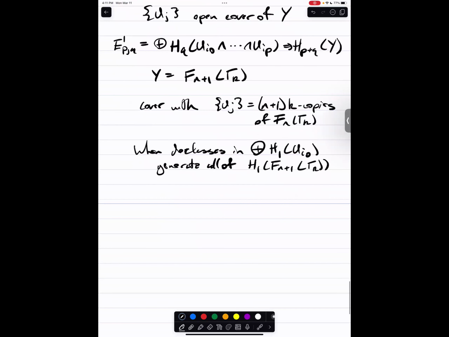And right, what we're really asking is, when is all homology controlled by the E1? When is homology controlled by the E1, 0, 1 entry of the sequence?